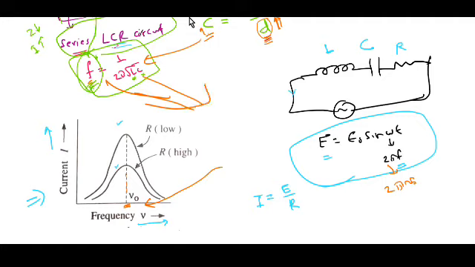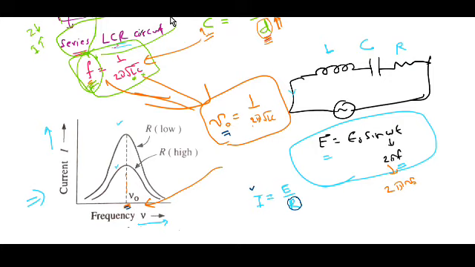That is, this f we can write as the resonant frequency mu 0, equal to 1 by 2 pi root LC. This mu 0 is the resonance frequency, and once this frequency is fixed, if you vary this resistance, then the current will change.